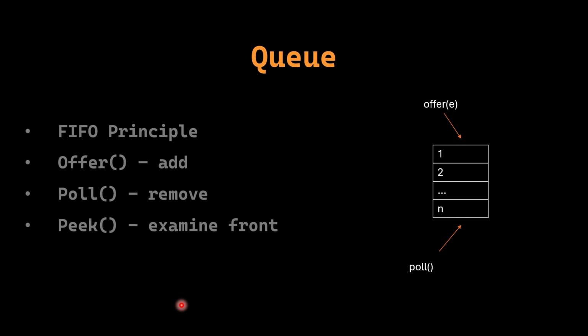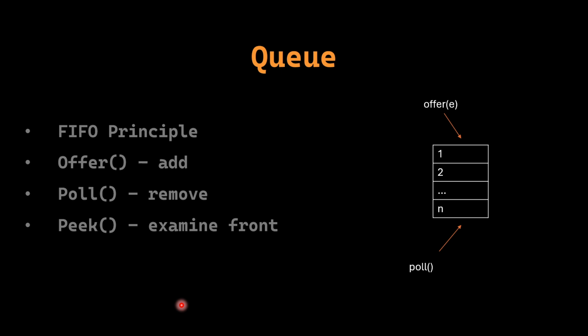It could return null or throw an exception, but then the thread would need to constantly check the queue in a loop, wasting CPU cycles. Similarly, when a producer tries to add to a full queue, it faces the same dilemma. This is where BlockingQueue comes to the rescue with its elegant solution.